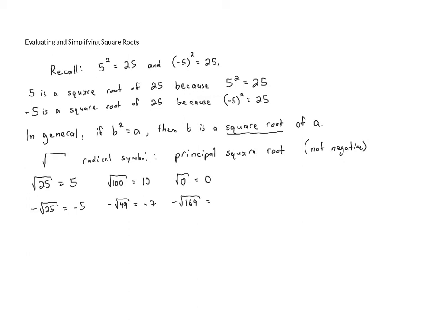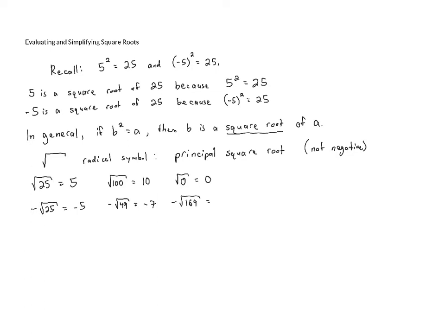If you can't, you could guess and check. I think most people at some point learned the perfect squares, at least up to 100. 1 squared is 1, 2 squared is 4, 3 squared is 9, 4 squared is 16, 5 squared is 25, 6 squared is 36, 7 squared is 49, 8 squared is 64, 9 squared is 81, 10 squared is 100.